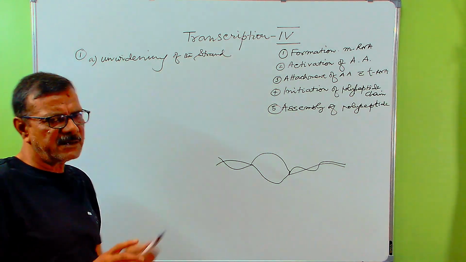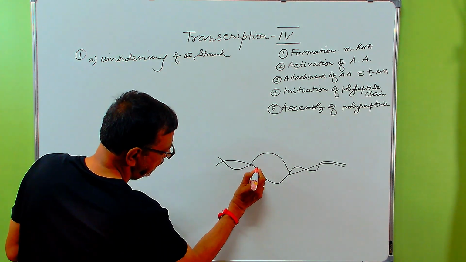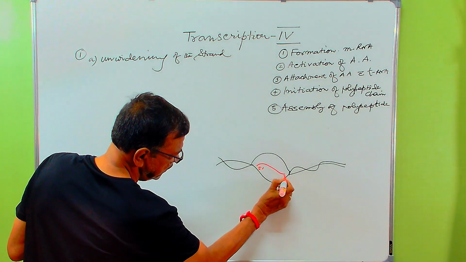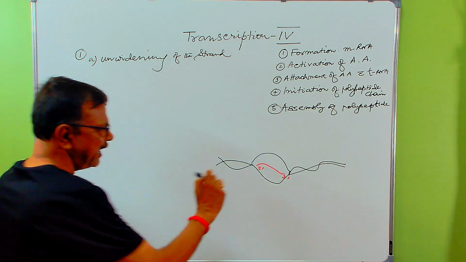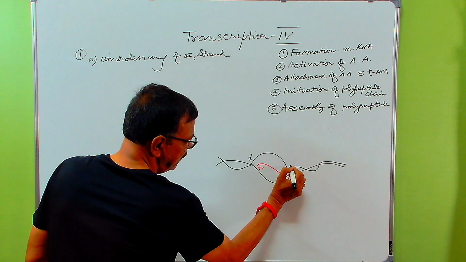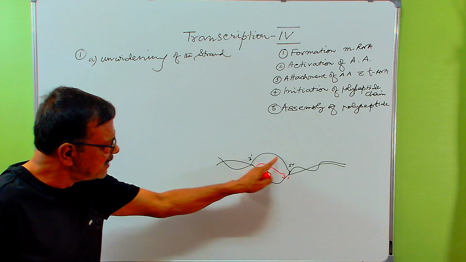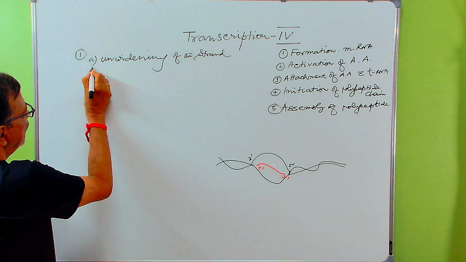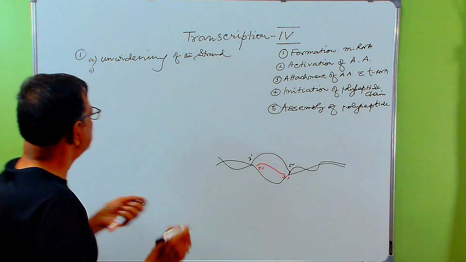And the transcription will start from 5 prime to 3 prime, which we have come across. So this strand will be 3 prime to 5 prime. Clear? So this is known as the sense strand. So we will write something after the unwinding. This starts from the 5 to 3 end.